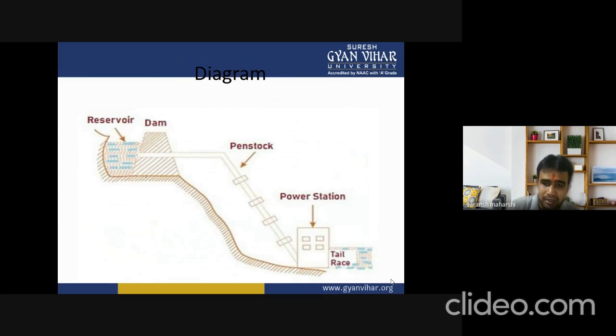Dam is connected to the penstock, penstock is connected to the power station, and power station is connected to the tailrace. And these types of hydroelectric power plants are called low head hydroelectric power plants, which depend on the availability of the water.